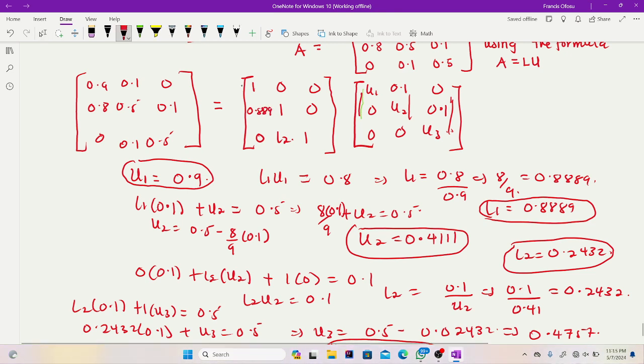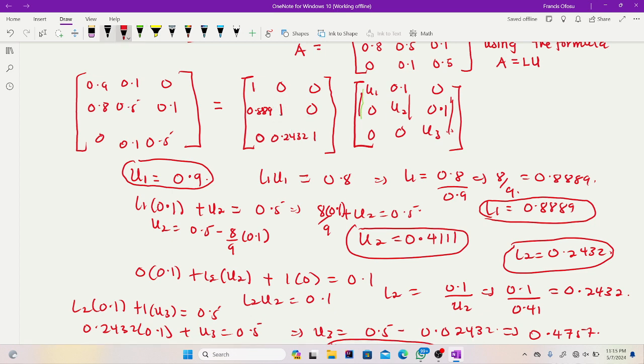Now my L2, I'll clean my L2, and I know my L2 is 0.2432. Let me clean and write everything off. Then here's 1. So this is for the L, as simple as that.